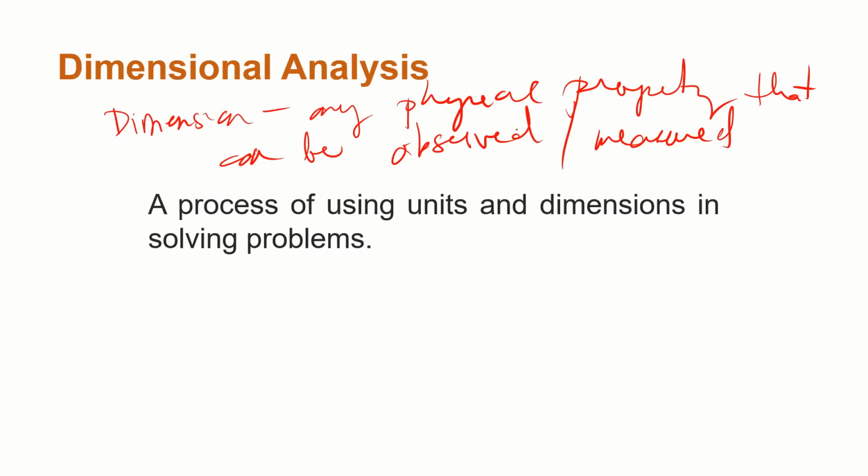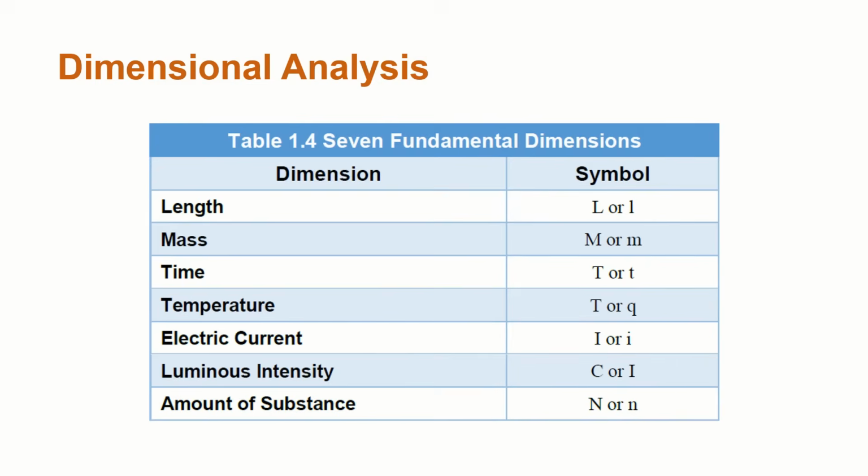So, since ito yung definition niya, in a sense, dimension is synonymous or basically just the physical property. So, since there are 7 fundamental properties or fundamental quantities, there are also 7 fundamental dimensions, or they call it 7 primary dimensions. And here are those 7 primary dimensions.